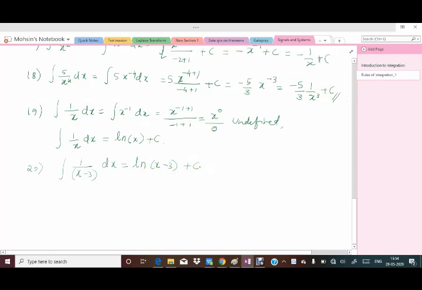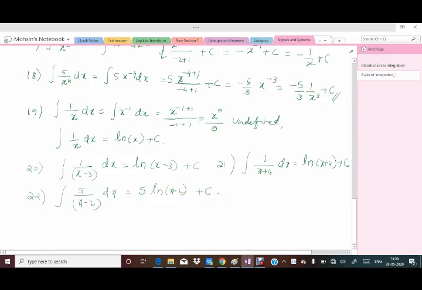Similarly, if integration of 1 divided by x plus 4 dx is given, then it's going to be ln of x plus 4 plus c. Or suppose it is given as 5 divided by x minus 2 dx, then the 5 is constant, so 5 will come outside, then ln of x minus 2 plus c.